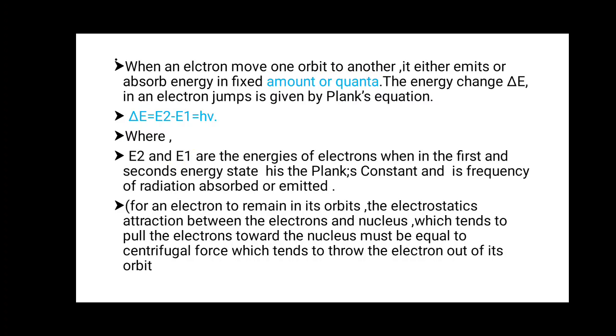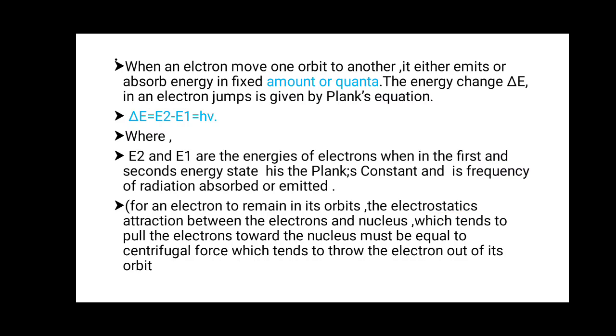Actually, an electron remaining in its orbit means a steady or stationary state of the electron.